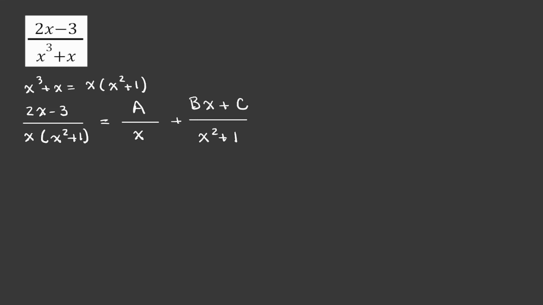So here now my next step is multiplying by the common denominator, which right here it's x times x squared plus 1. Doing that, we would obtain 2x minus 3 on the left equal a times x squared plus 1 plus bx plus c times x.